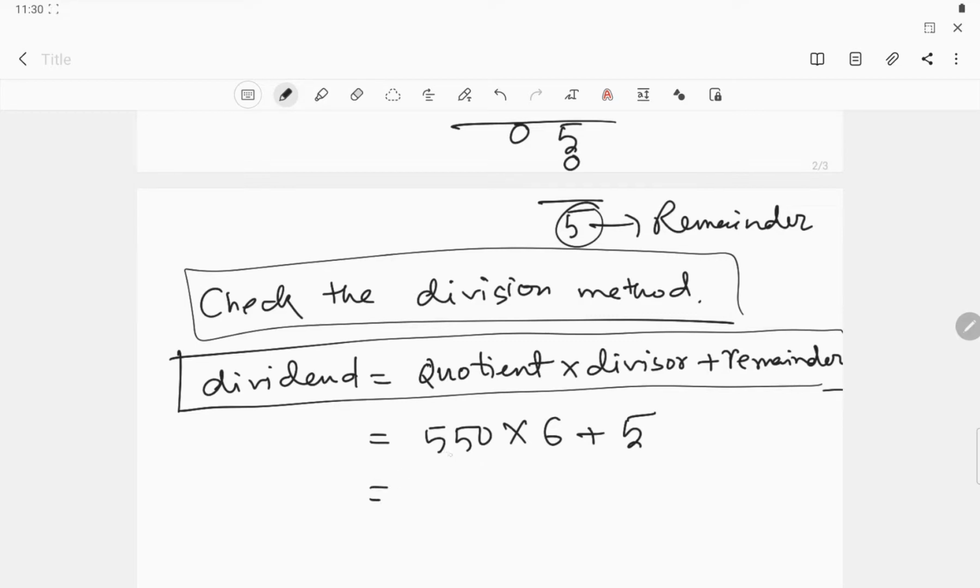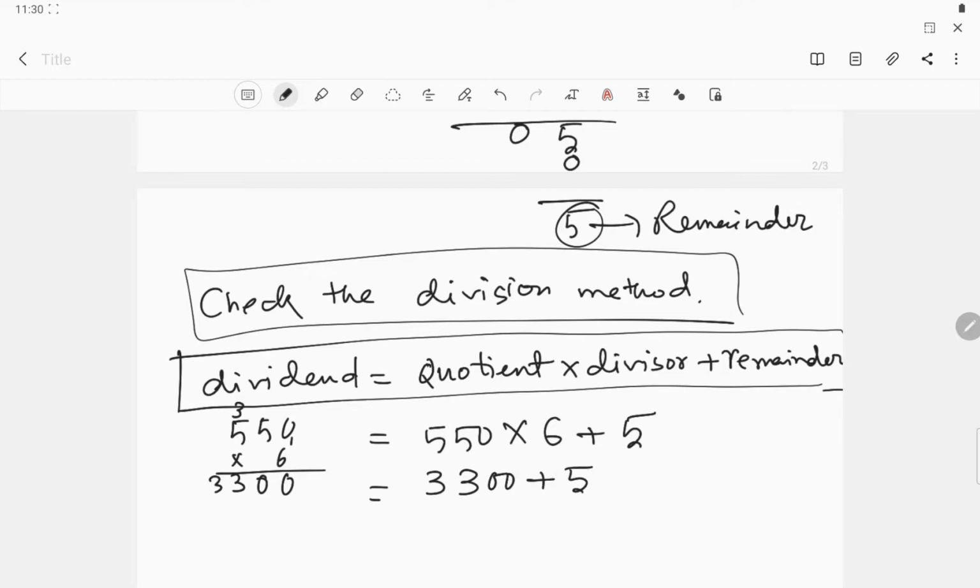So 550 into 6, you will get: 6 zeros are 0, 6 fives are 30, write 0 and 3 is carried over. Now 6 fives are 30 plus 3 is 33, so 3300.